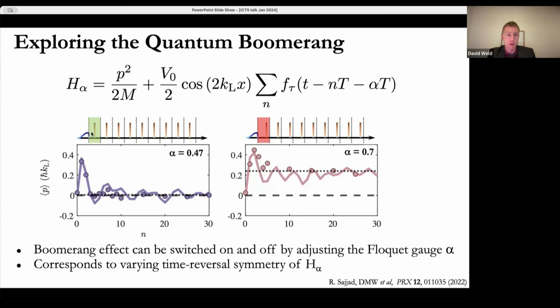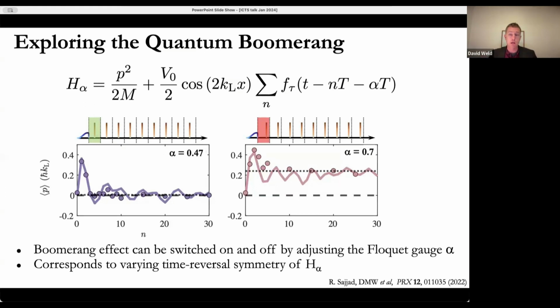So if you wait exactly half a period before the first kick, that's what this cartoon on the left with the green highlighted period is showing. And if you wait a little bit more than half a period, that's what the cartoon on the right is showing. So other than that small difference, these two experiments have exactly the same protocol.